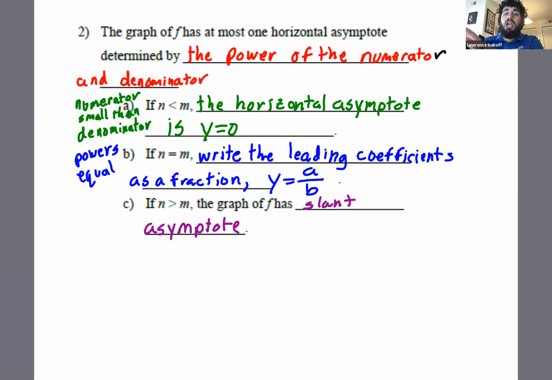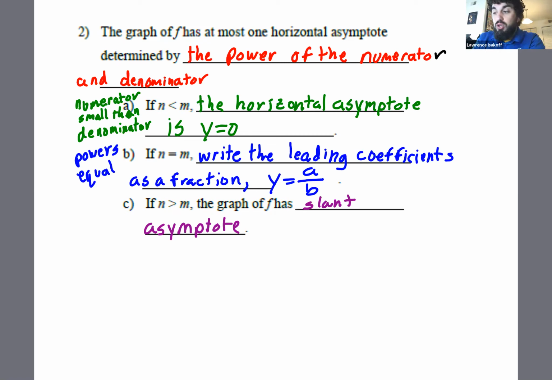And if the numerator has a greater power, we get what we call a slant asymptote. And I think I have one example with the slant. No, I don't have an example with slant asymptotes. We're not going to see slant asymptotes until after spring break when we're graphing that. Slant asymptotes get a little more interesting.